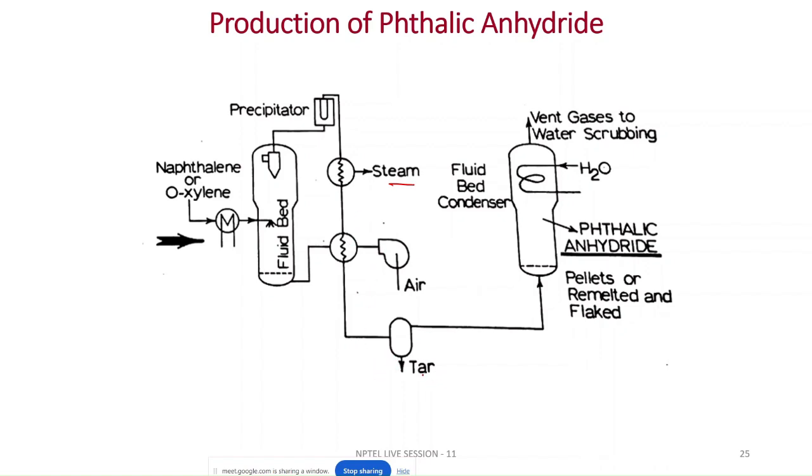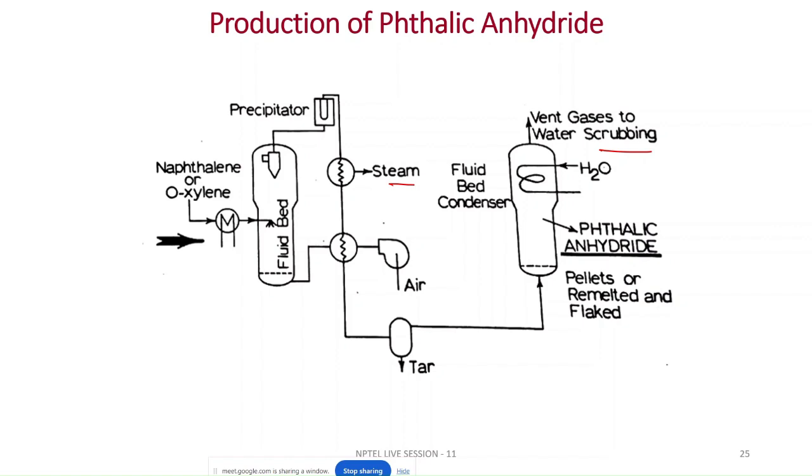Then the tar, the heavy end product, is being separated out. The next step is the fluidized bed condenser, where the vent gases are sent for water scrubbing, and from here we are getting phthalic acid. These are very simple reactions, nothing complicated.